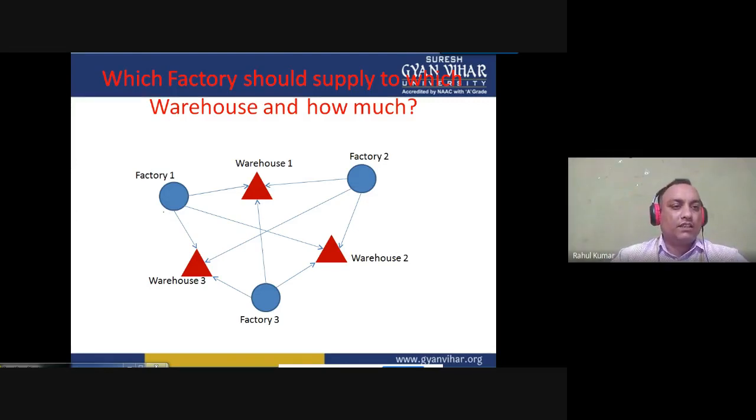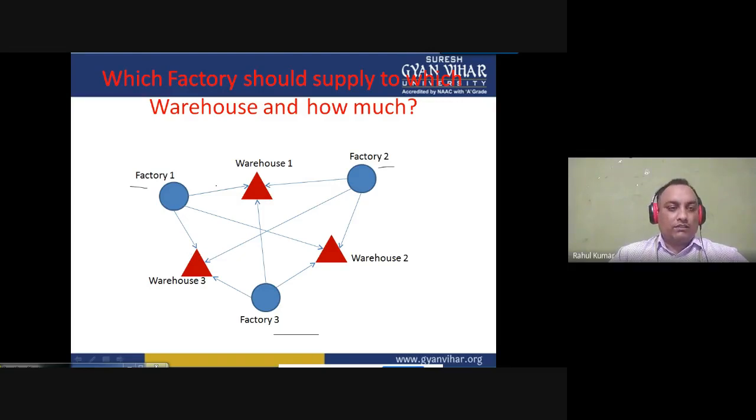So in this slide you see factory number 1, factory 2, and factory 3, and these three are the warehouses. You want to supply the goods from factory 1 to warehouse 1, factory 1 to warehouse 3, and factory 1 to warehouse 2.